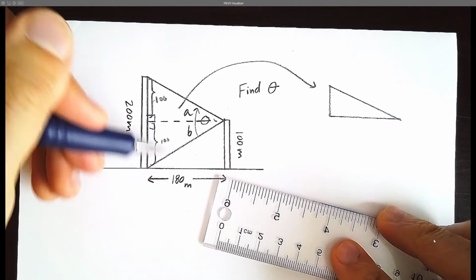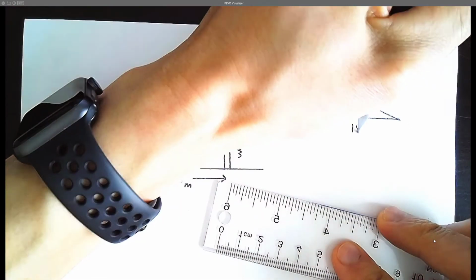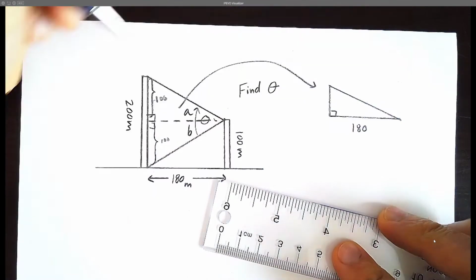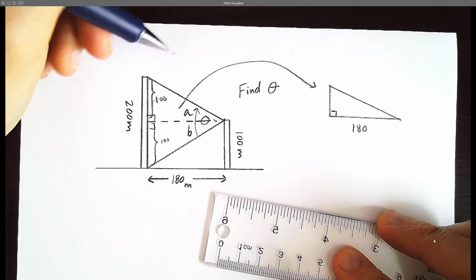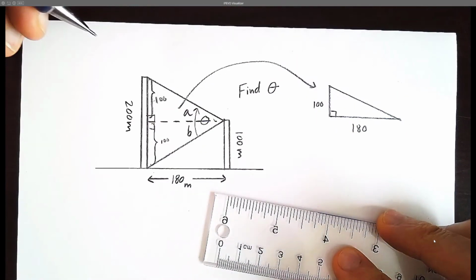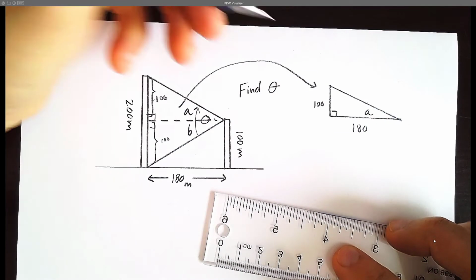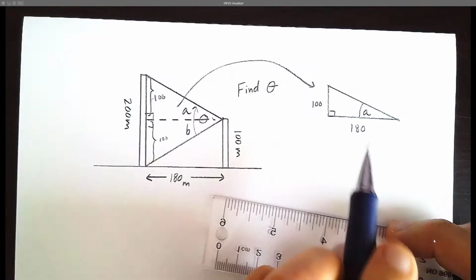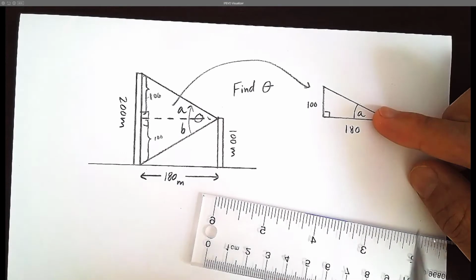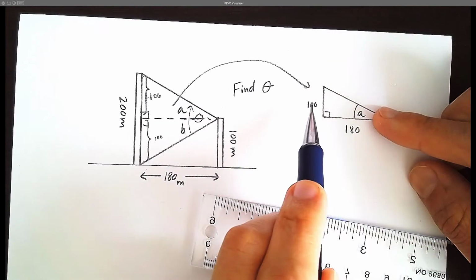We're going to slide this 180 up here. So this is 180, and we're going to assume the units are meters. This is 100 meters here, and this is angle A. If you put your finger on the angle A, we're interested in opposite and adjacent.